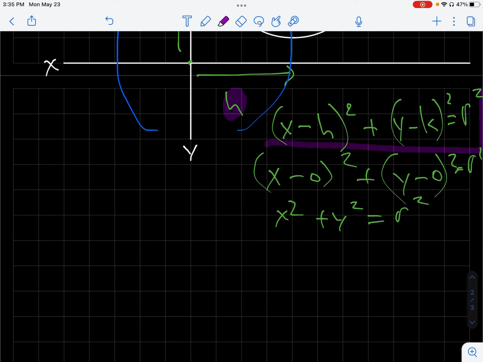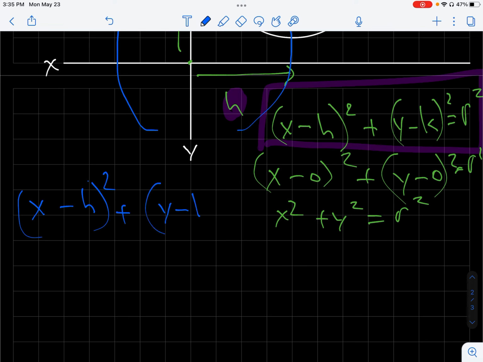So this right here is going to be the equation for all circles. It's x minus h squared plus y minus k squared equals r squared. And that's going to be true for all circles, no matter where they sit on the coordinate plane.